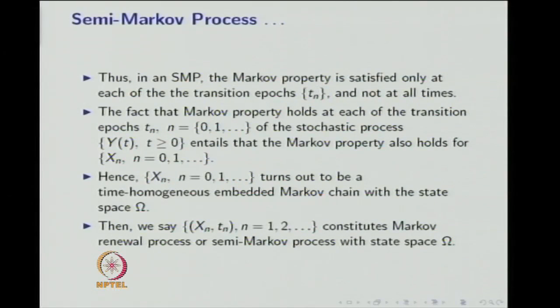Since Xn is Y of Tn, this Xn stochastic process is called an embedded Markov chain. Xn is embedded in the stochastic process Y of t. Therefore, Xn is a time homogeneous embedded Markov chain because it satisfies the time invariant property as well as the Markov property. Therefore, Xn is the time homogeneous embedded discrete time Markov chain.